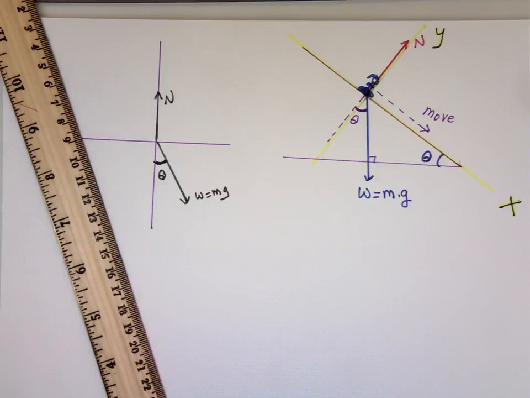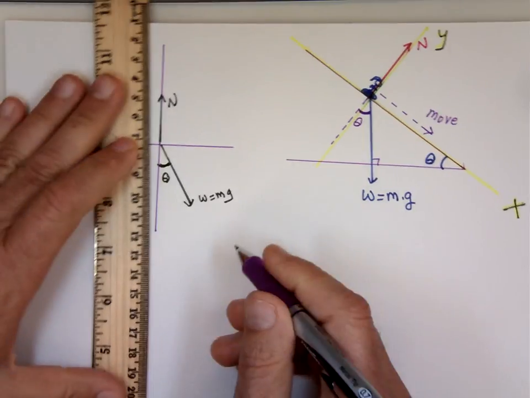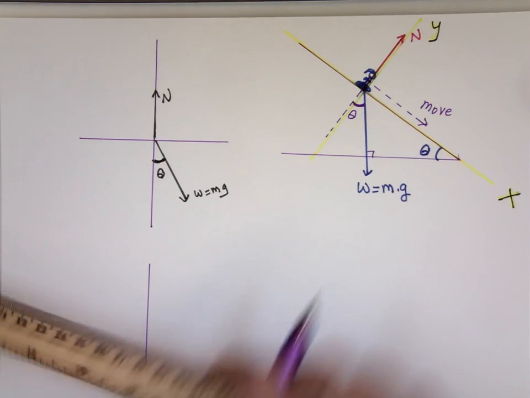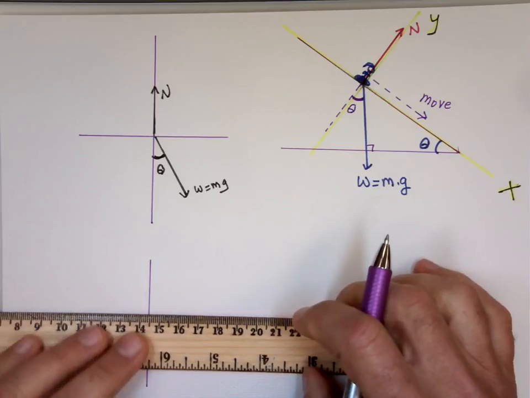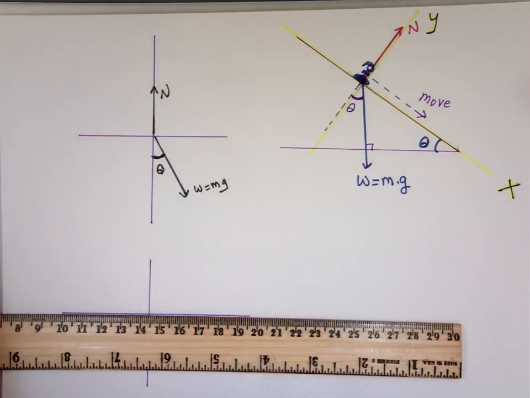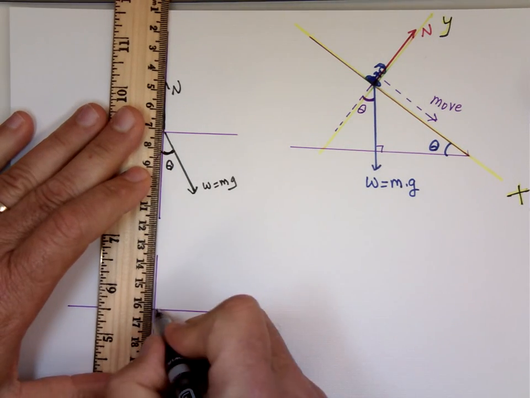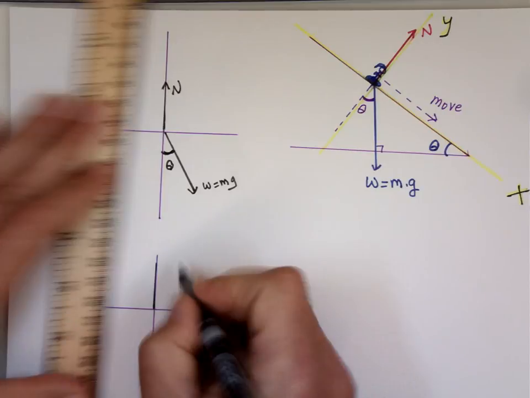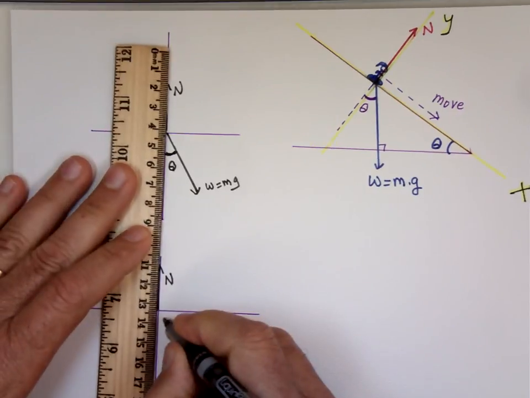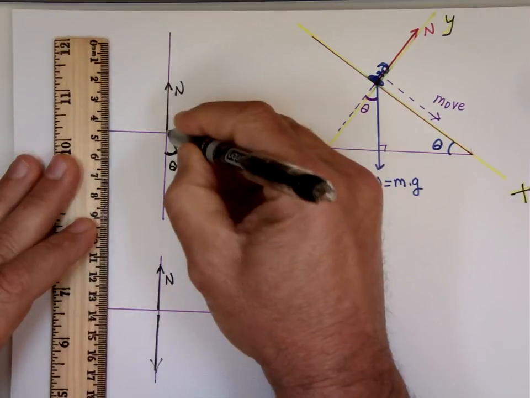So when I take this vector and break it down, I'm going to have a normal component in this direction, and a value going down and to the right.